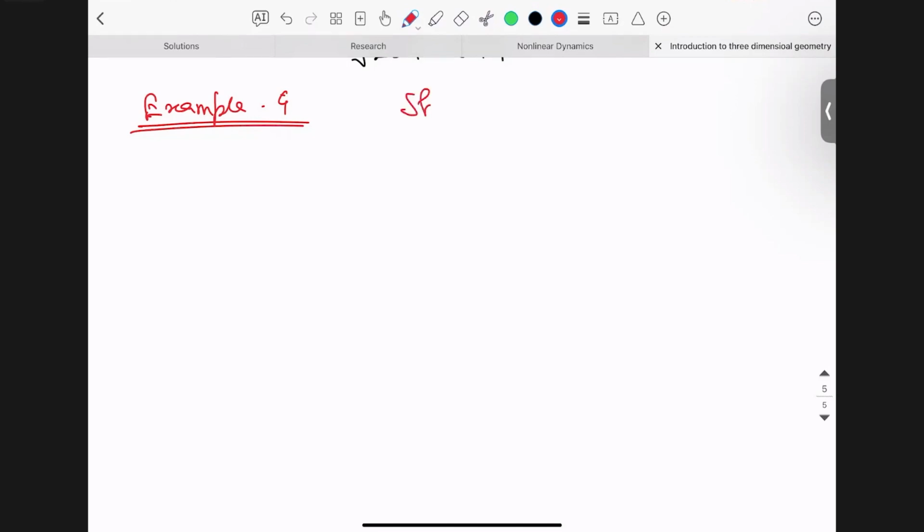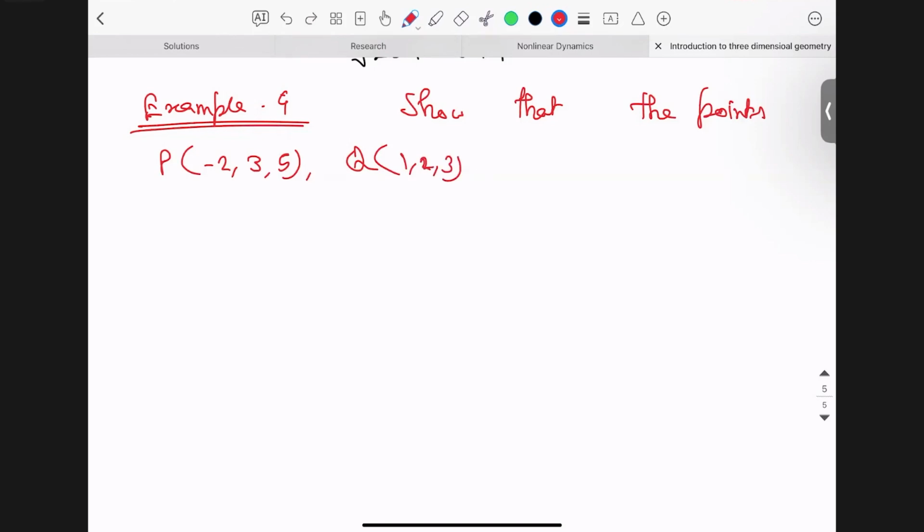The question is to show that the points P, Q and R are collinear.